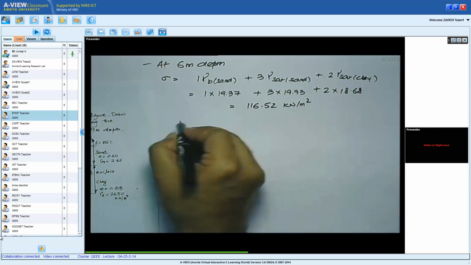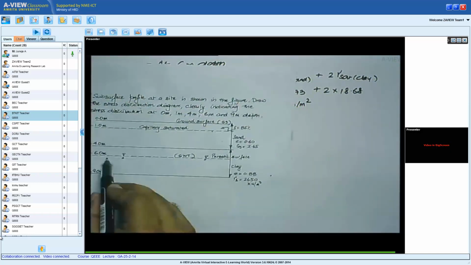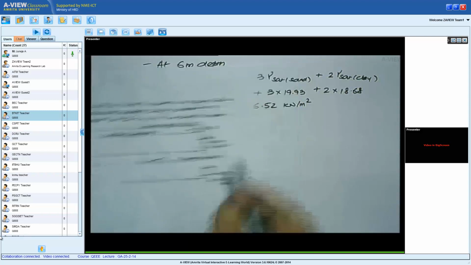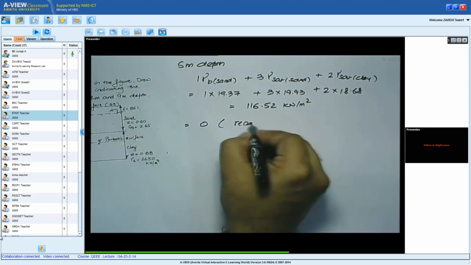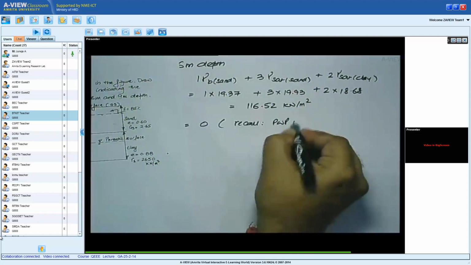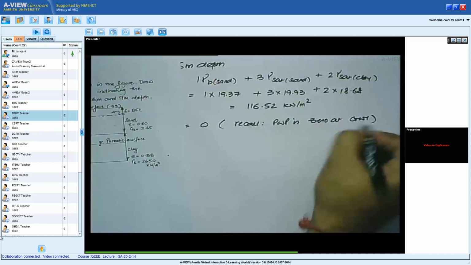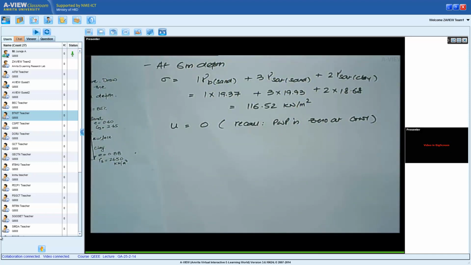Right? What about the pore water pressure? Okay, you are looking at 6 meter depth. So pore water pressure at the phreatic surface or the groundwater table level is 0. Recall, pore water pressure is 0 at groundwater table level. If you remember, we looked at gauge pressure and absolute pressure.